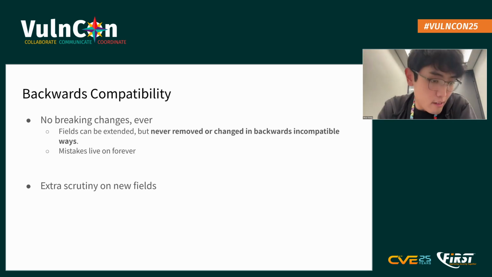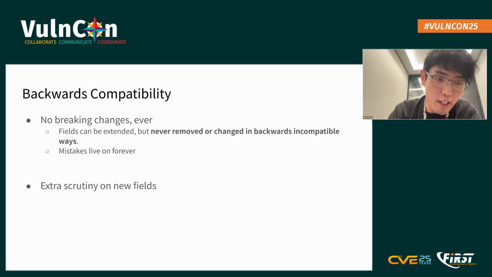Right. So there's a few pieces there. So one, to clarify the backward compatibility guarantee. What we promise is that if you're a client targeting an older version of a schema, you can safely ignore any fields that you don't understand because you haven't updated your client to support the latest version.